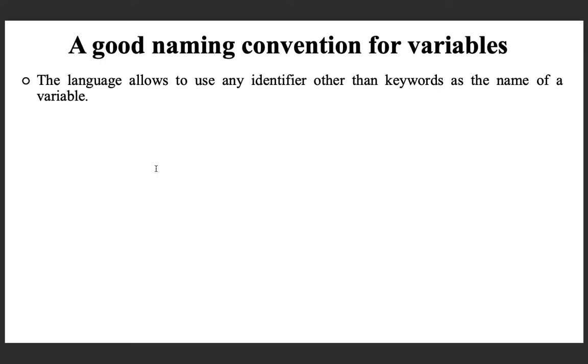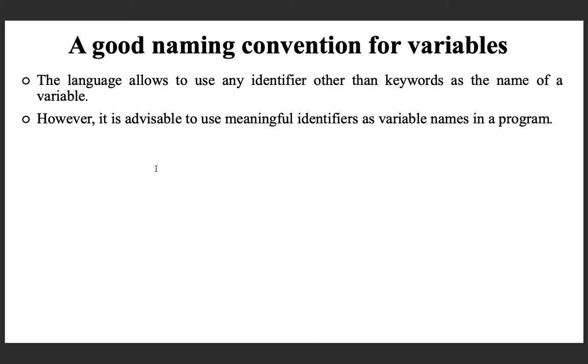You know the rule for an identifier: any string of letters, digits or underscore starting with either a letter or underscore is an identifier. Keywords are reserved identifiers. You are not supposed to use any of them as a variable name. However, it is advisable to use meaningful identifiers as variable names in a program.